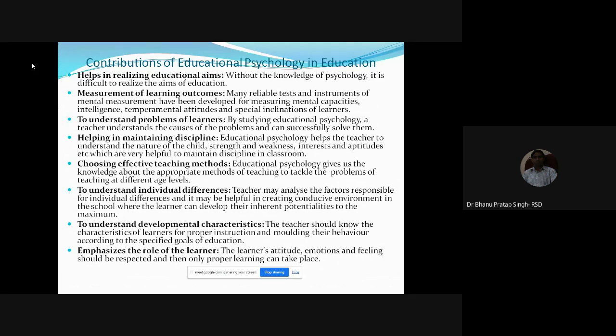Educational psychology helps in realizing educational aims. What are the aims of education? They are described with the help of knowledge of educational psychology. So without knowledge of psychology, it is difficult to realize the aims of education.